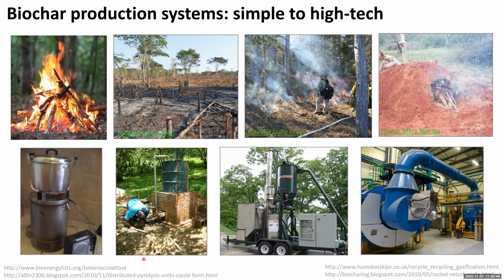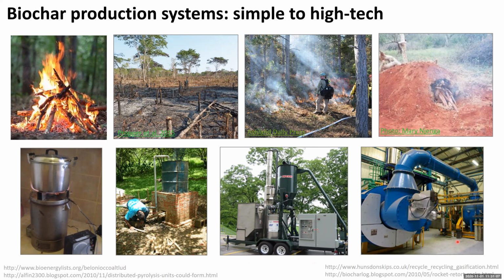Then if we move to this lower row of photos, this shows the range of more industrial processes that are used today to create biochar or pyrolysis products. This ranges from low-tech cooking stoves designed to just increase efficiency of fuel wood, to backyard kilns, to portable or large-scale pyrolysis systems.